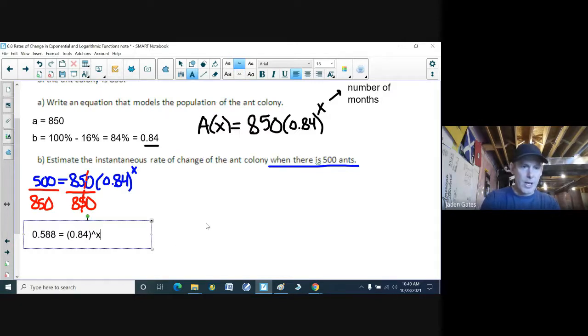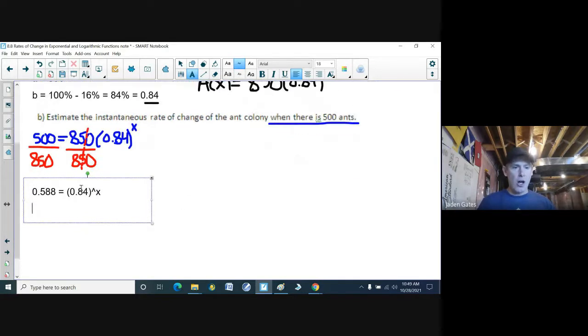And again, since I'm solving for an exponent, I'm going to take the log of both sides. And of course, when I take the log of the right-hand side, again, I'm going to use that log rule. So when I take the log of it, the exponent comes down in front, which now is just the x. And then I have the log of 0.84.